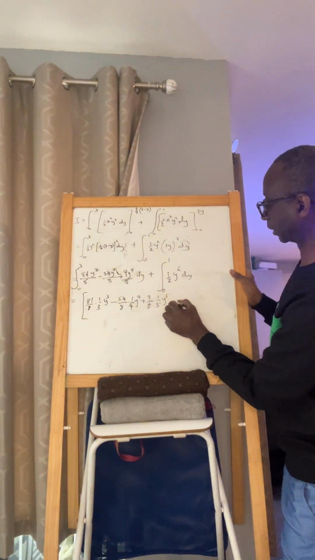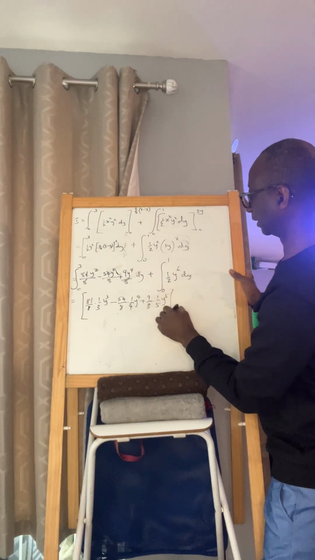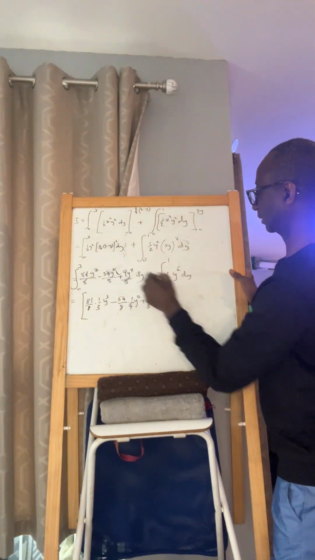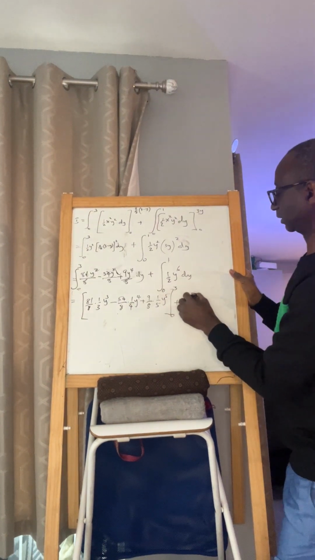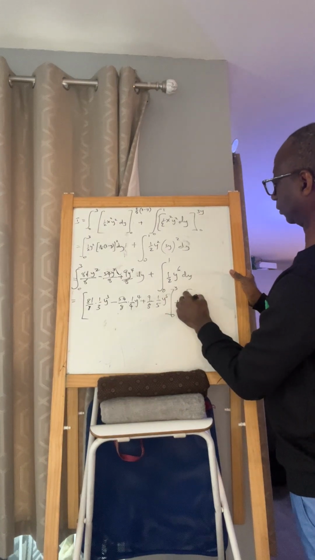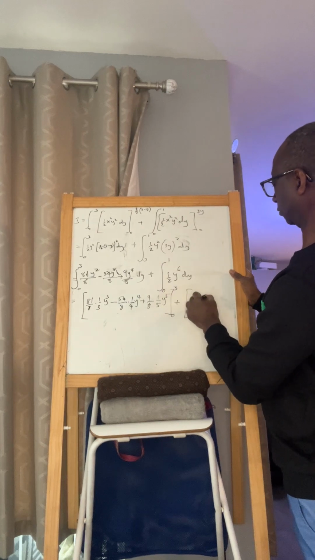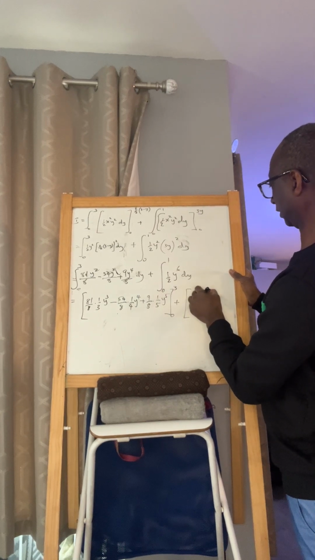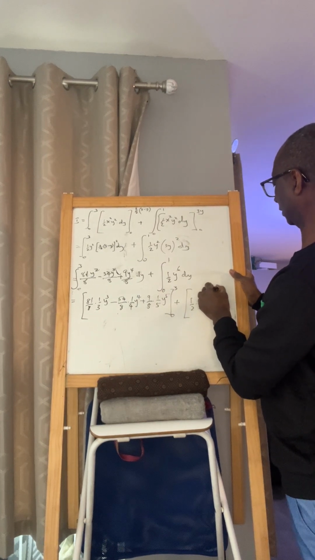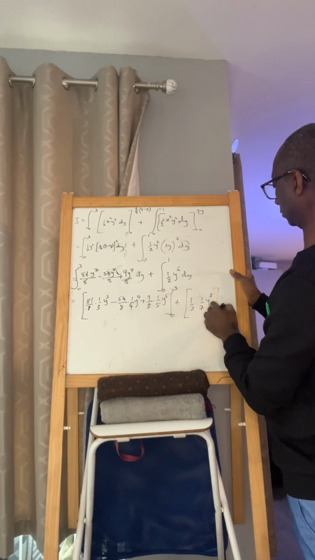You are integrating as we go along, from 0 to 3, plus this one here again, you have your 1/2 times 1/7 y to the power of 7, integrated from 0 to 1.